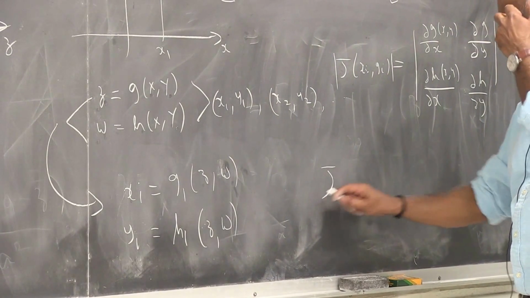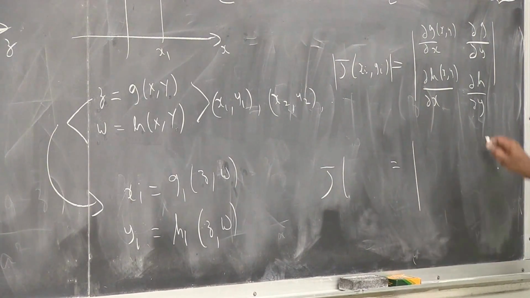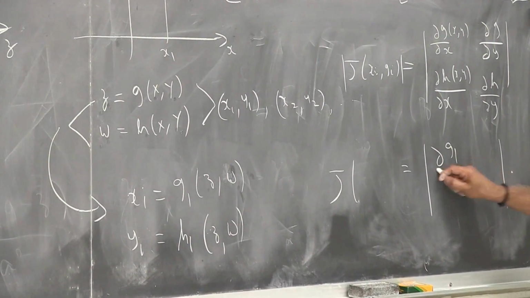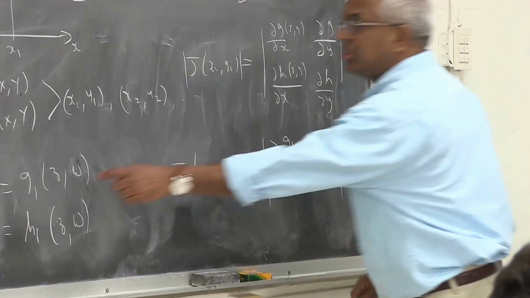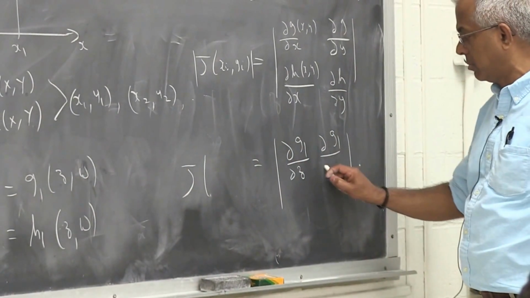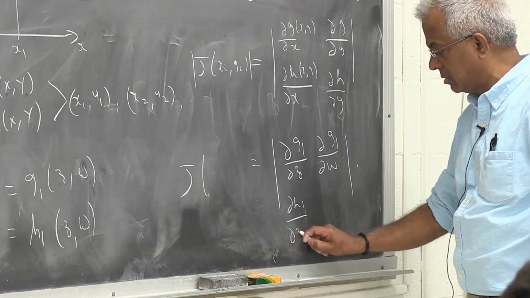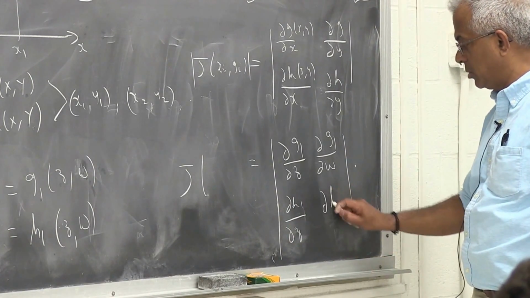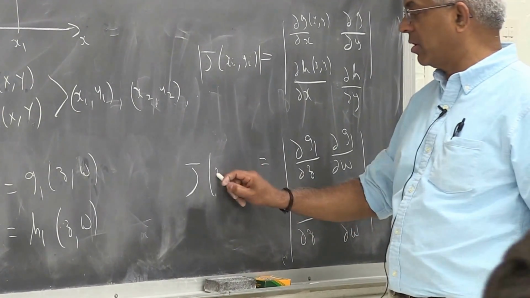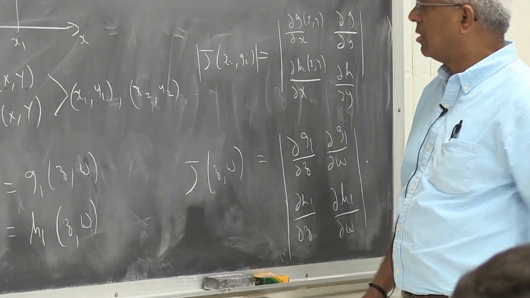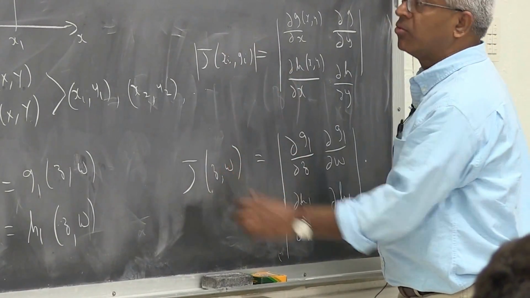So the related Jacobian is dg1 with respect to z, dg1 with respect to w, dh1 with respect to z and dh1 with respect to w. And this I am going to write as z comma w. So the relation is, this is the inverse of this, or this is the inverse of this.